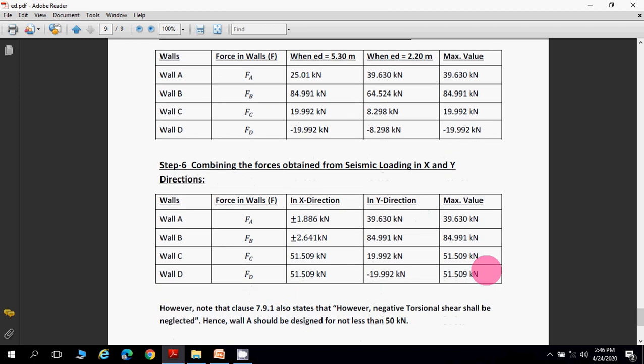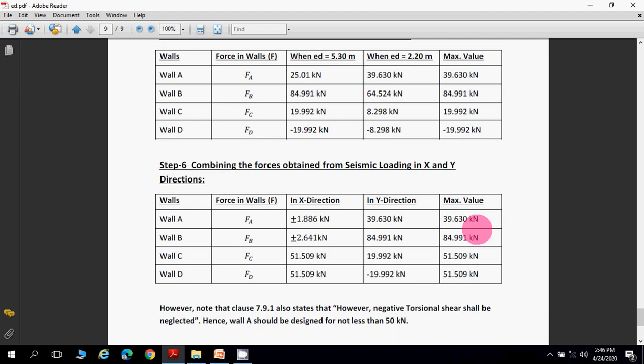But as per clause 7.9.1, negative torsional shear shall be neglected. Wall A is getting a maximum total lateral force of 39.630 kilonewton, but the force in wall A due to translation, when considering the y direction, is 50 kilonewton.